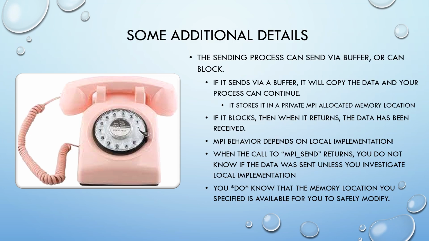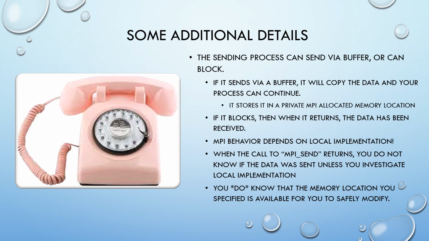Now, just a few more details about how this works behind the scenes. It depends on the implementation as to how it's going to actually be transmitted. And you can go query. I have not done it for the OU Supercomputer, and I don't really care that much for the purposes of this educational experience. But there are two ways that MPI might handle it.